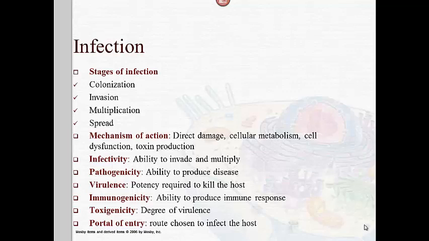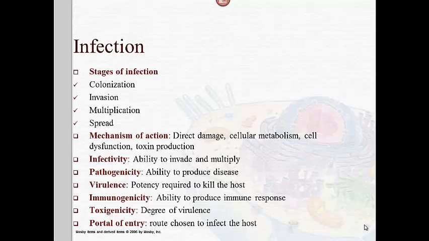So this is another way of spreading and contaminating the host until the cell is dysfunctional or dead.